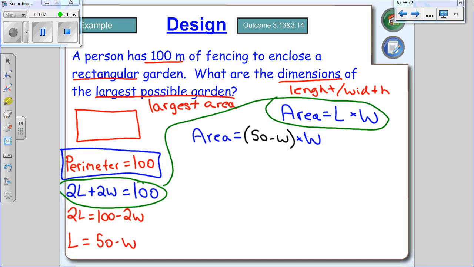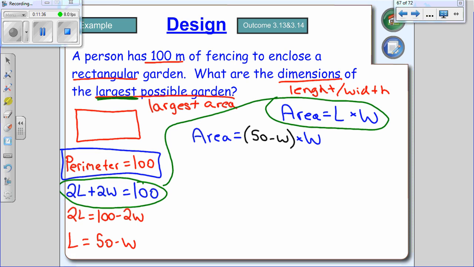Now, looking at that, the question is, maximize this. How do you find maximums in this class? When have we ever used the term maximum before? Largest means to maximize. We've used the word maximum a whole bunch of times. Where do you see it? Your calculator. Graph goes.